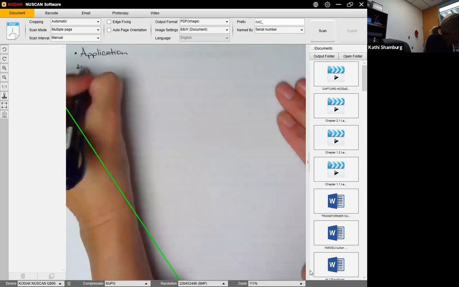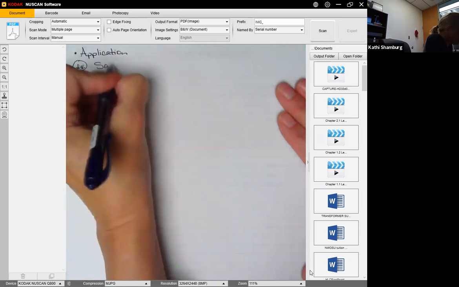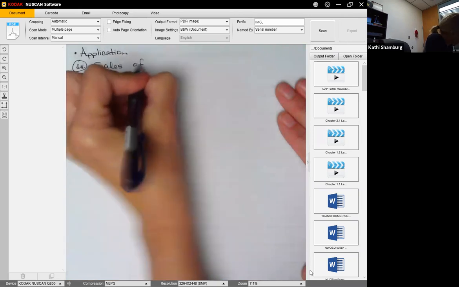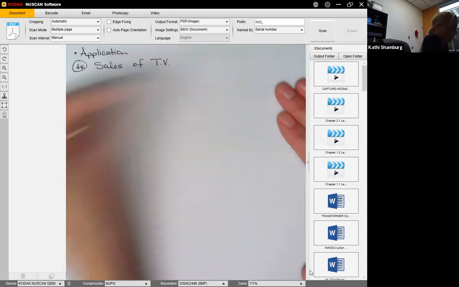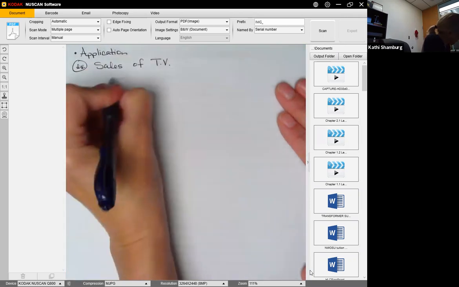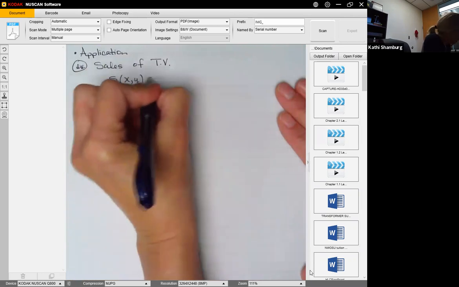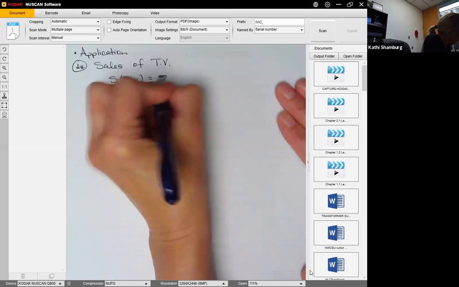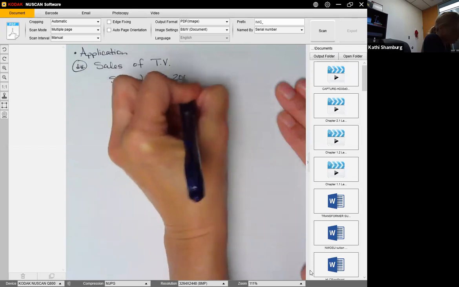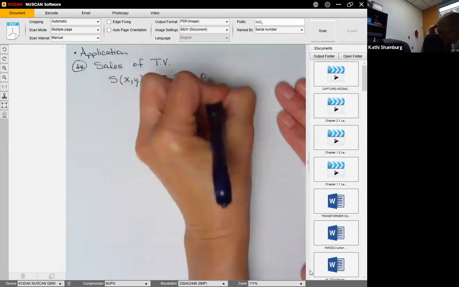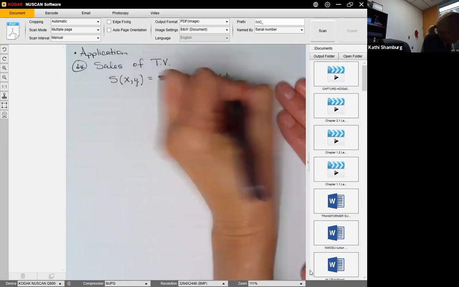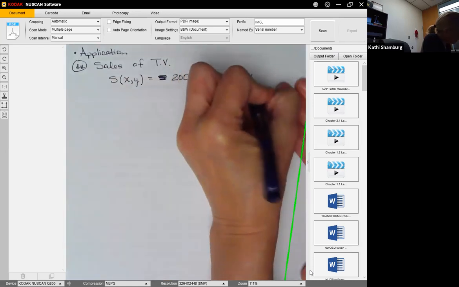All right, so let's suppose we're looking at sales of a TV, and you're given the sales function, multivariable, is 200 minus 0.1x plus 0.2y squared.